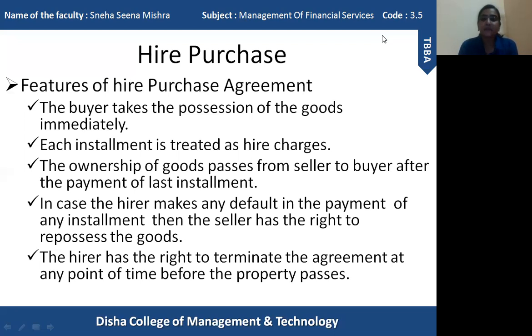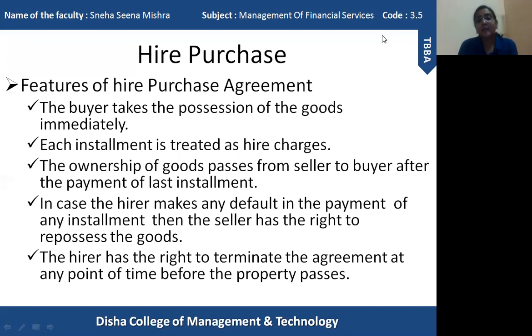Clear? For example, a buyer has paid 7 installments out of 10 installments. Now the buyer has the right to terminate the agreement at that point of time, because the ownership still remains with the seller. But once the ownership passes from the seller to the buyer, then the agreement cannot be terminated. So before the passing of the ownership, the hirer can terminate the agreement.